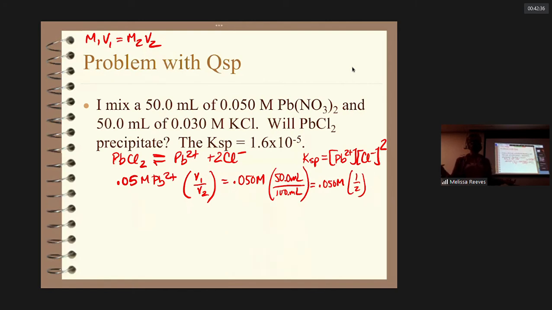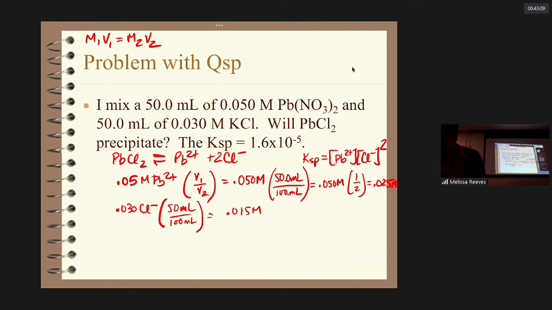You just take the molarity and divide by 2. So the final molarity of my lead 2 ion is 0.025 molar. And then 0.030 chloride is, again, 50 over 100. So that's 0.015 molar chloride.